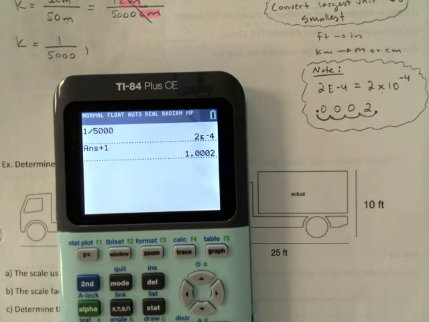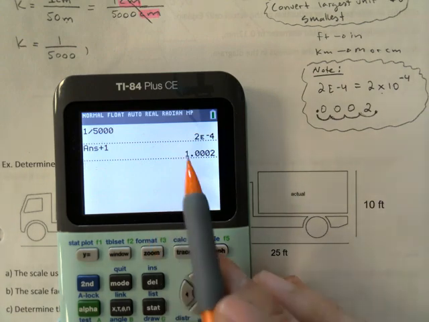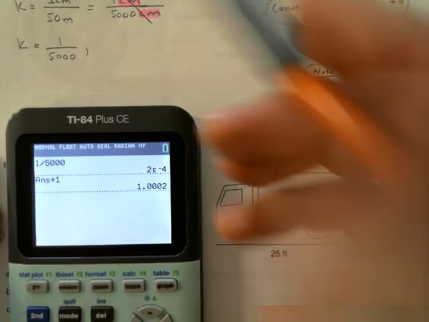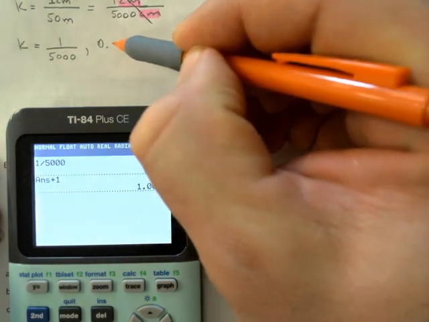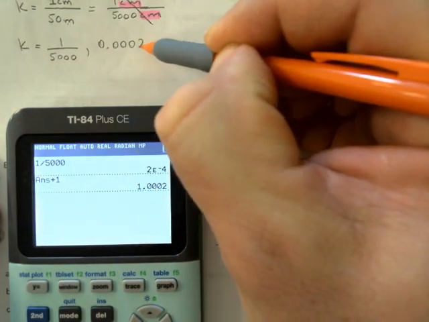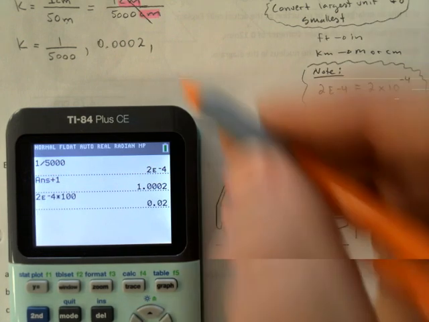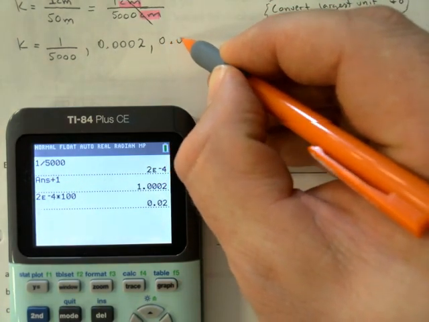Does that make sense? The 1 you just added, just ignore it, but then you can tell, oh, it's 0.0002. Now for the percentage, here you have to be careful. I'm going to take the answer before that and multiply it by 100. And that's 0.02%.